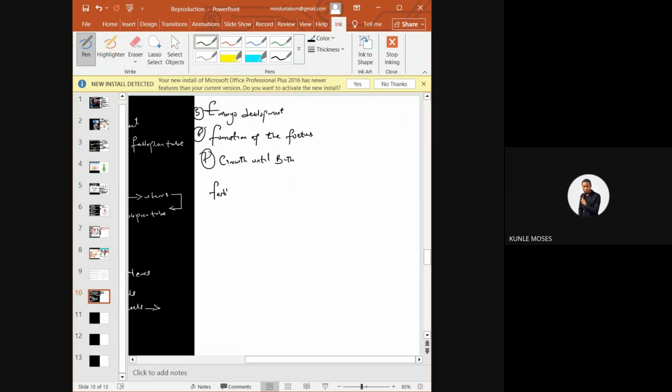So this is the workflow: from fertilization to zygote, from zygote to embryo, from embryo to implantation, from implantation to fetus, from fetus to delivery.